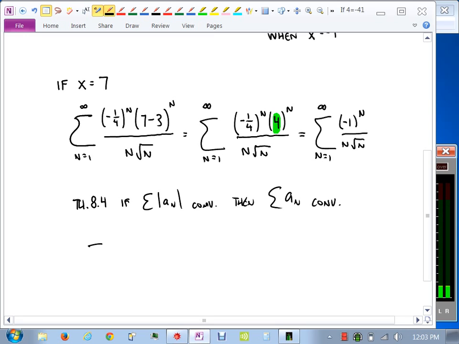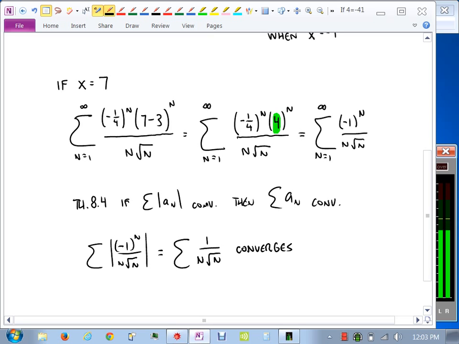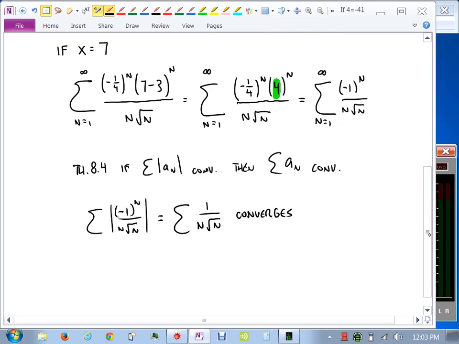The absolute value of negative 1 to the n over n root n is exactly the same as 1 over n root n, which converges. Right? Because it's p-series. Yes?